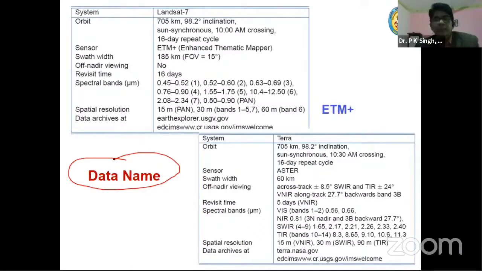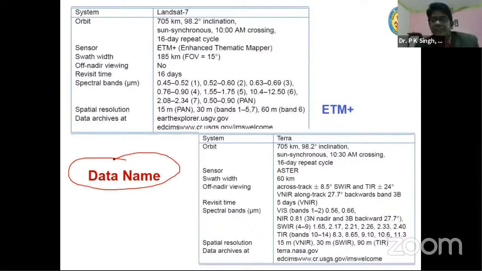So for LISS 3, if you want very old data, you will get IRS-1 LISS 3, IRS-2 LISS 3, and now it is IRS-P6 LISS 3. It means on different satellites, the LISS 3 has been put. So if you are talking about LISS 3 data, you don't have to bother about the platform on which it was fixed.